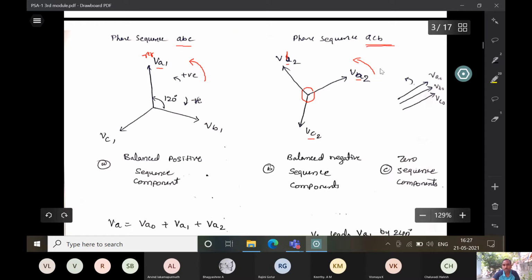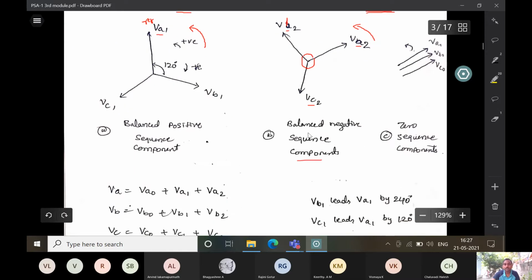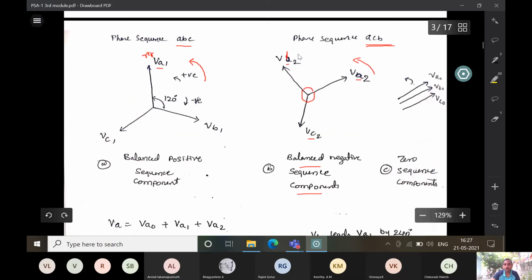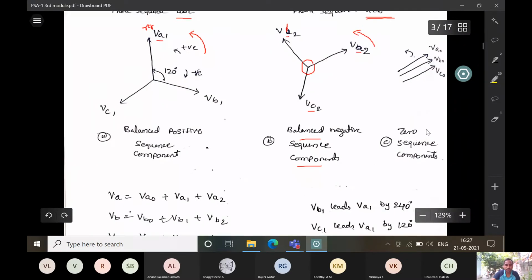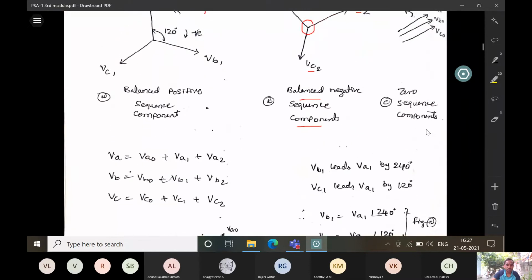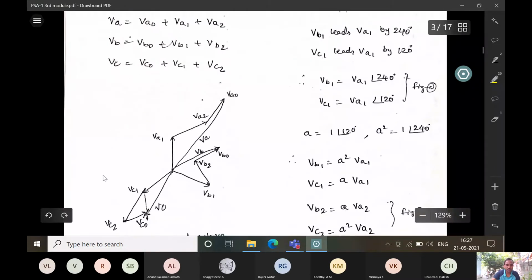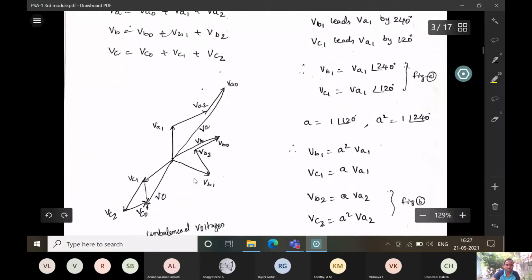This sequence is opposite to the first one, hence it is called negative sequence component. So the term 1 indicates positive sequence, the term 2 indicates negative sequence, and the term 0 indicates zero sequence: VA0, VB0 and VC0. The same diagram we have written like this.